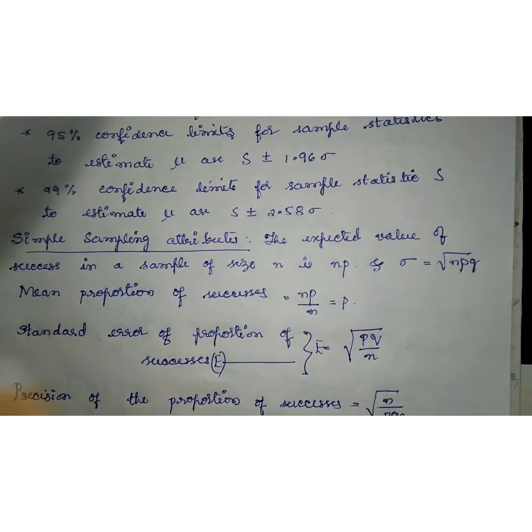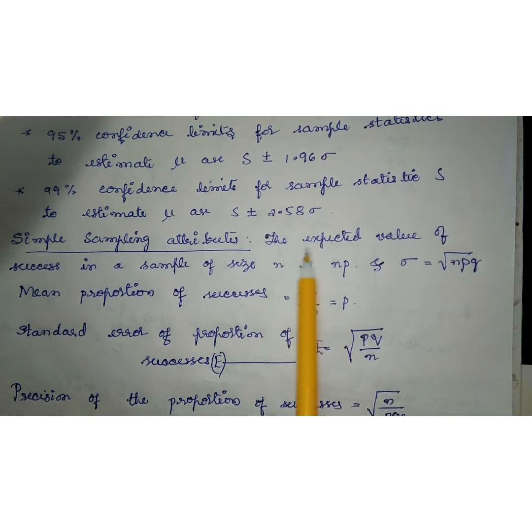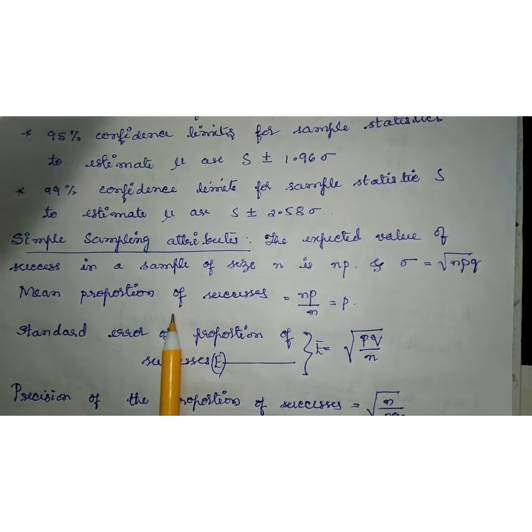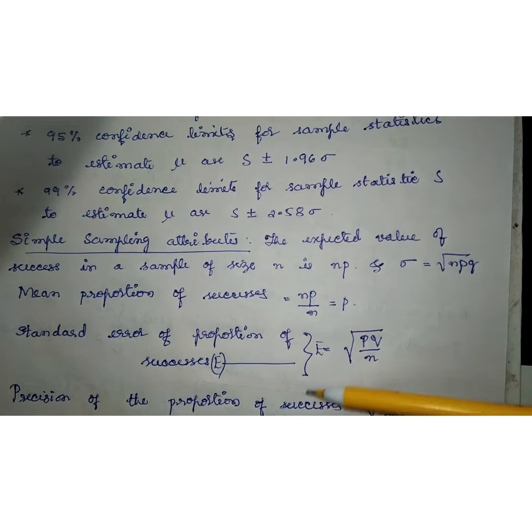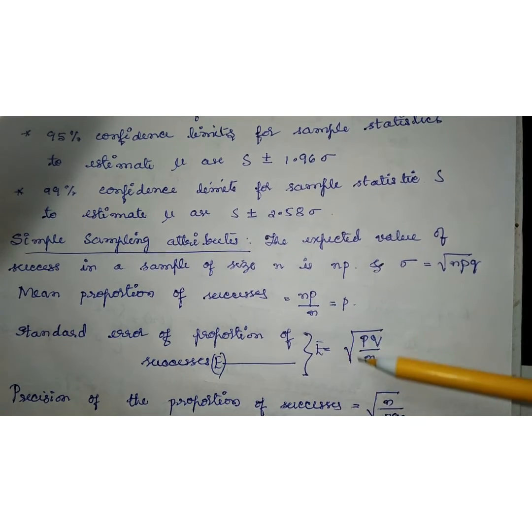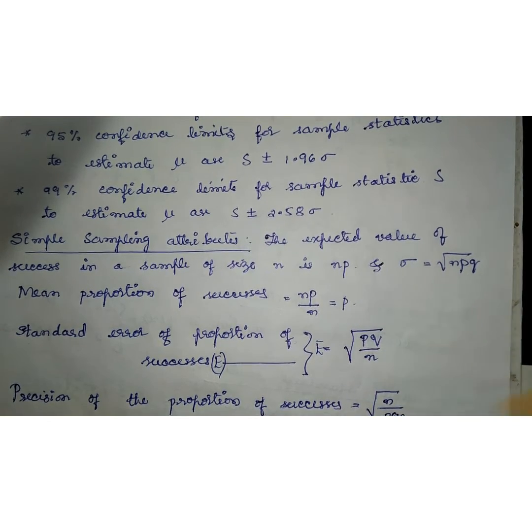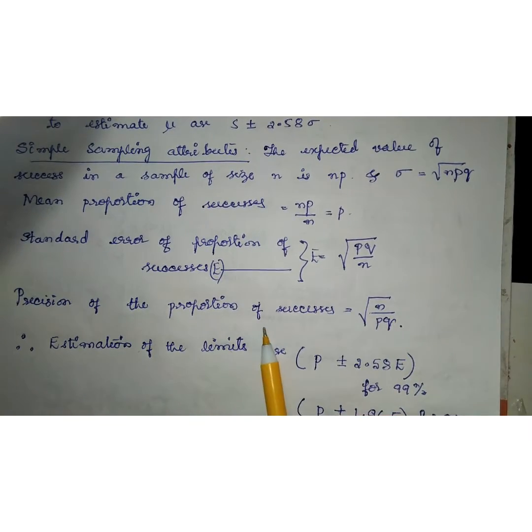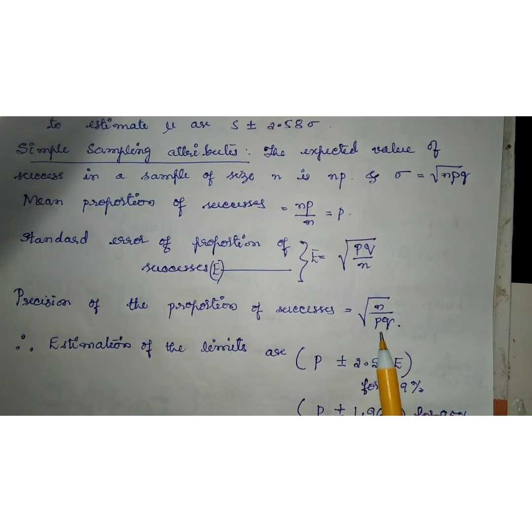So here we have simple sampling of attributes. The mean proportion of success is np by n, which is p itself, and the standard error of proportion of success, I have taken it as e, that is root pq by n, and the precision of proportion of success is root n by pq.